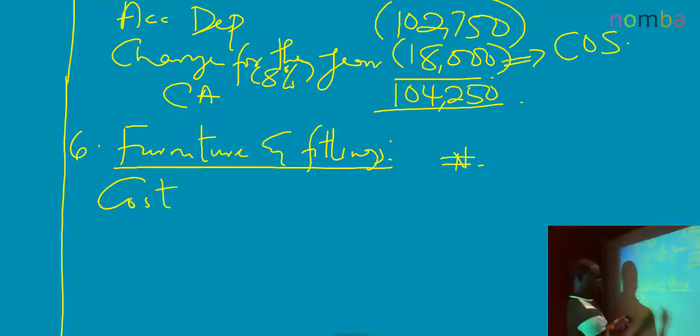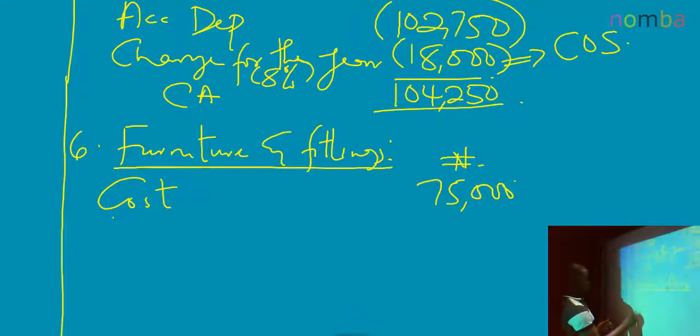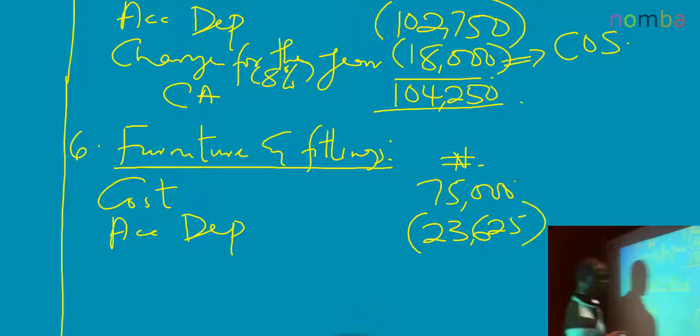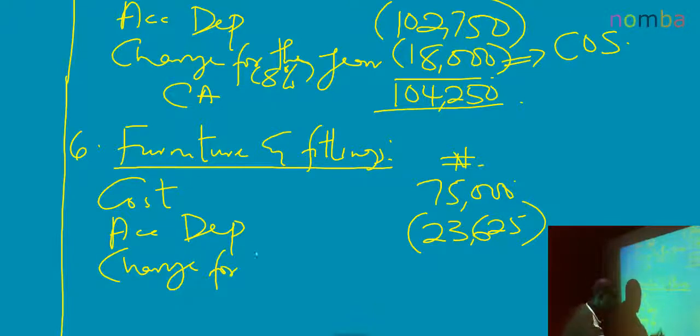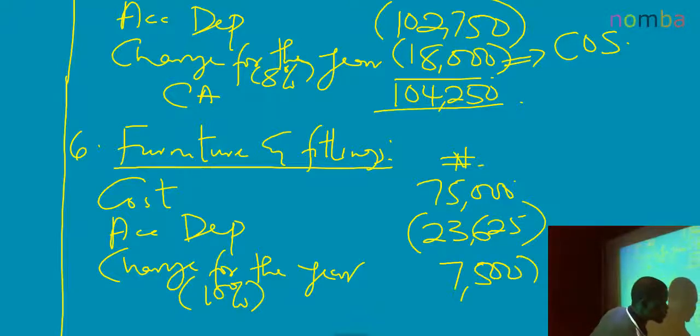The cost, 75,000. Accumulated depreciation, 23,625. Then the charge for the year is 10% on costs. That will be 10% multiplied by 75,000. That will give me 7,500.